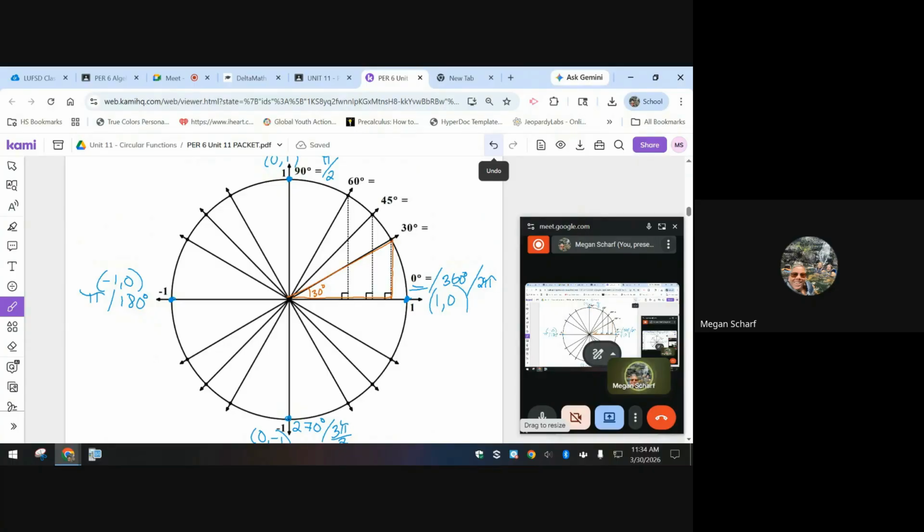If I go across from the 30, that length should be a half. So when I look across from the 30, this length is a half, which makes the other length square root of 3 over 2.